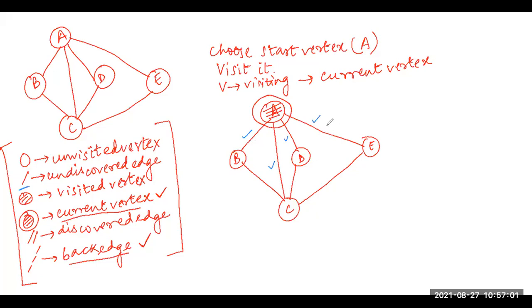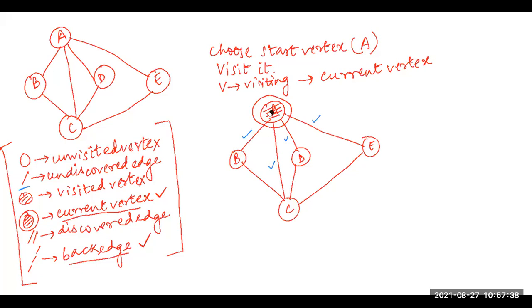Fine. So suppose I am taking B as my first edge. If I take this edge as an undiscovered edge, and I see that this node is not visited yet, that is, this is an unvisited node, I will change this edge to a discovered edge and I will change this node to a visited node. Clear?